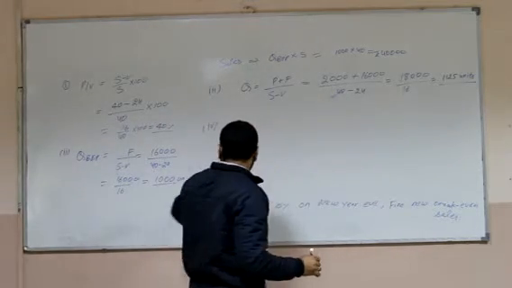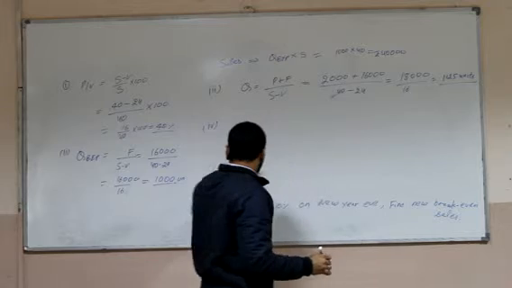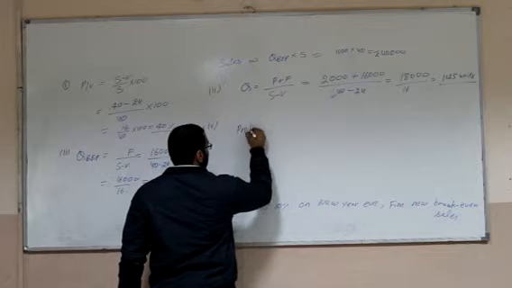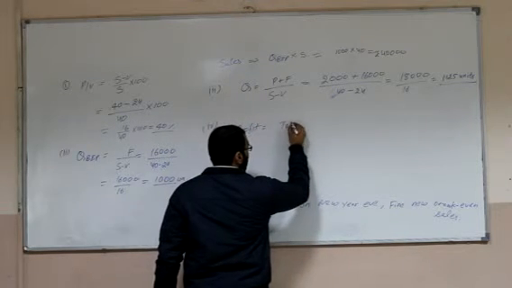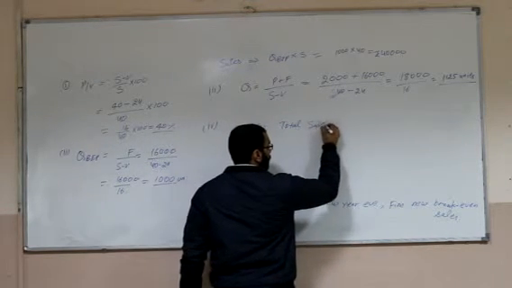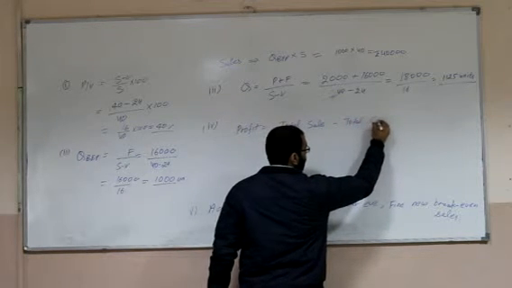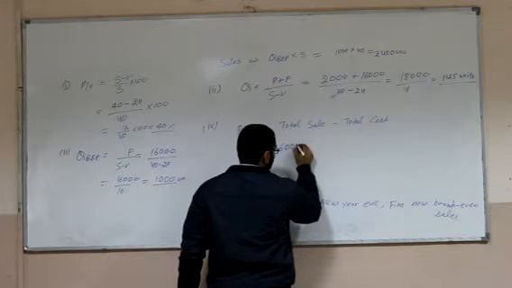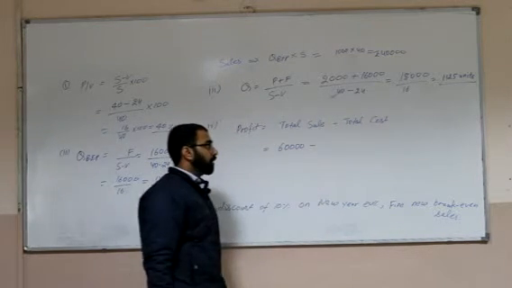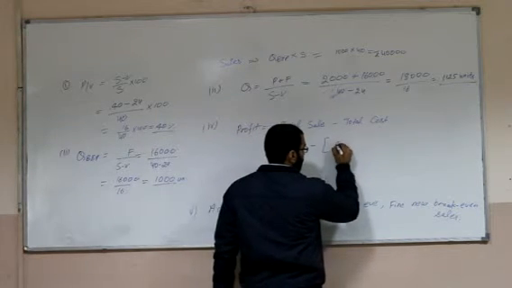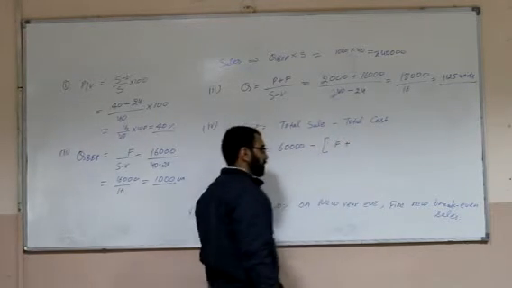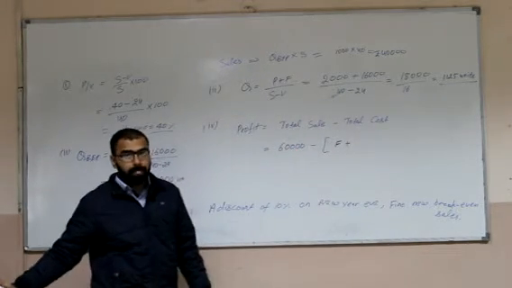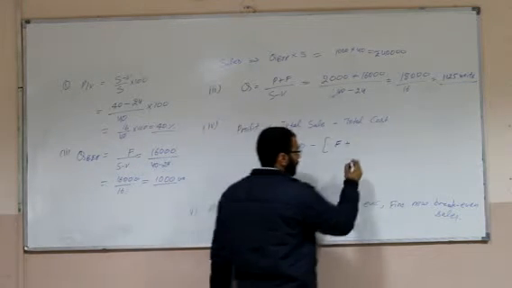Now sales is 60,000. What is the profit? We already know profit is total sales, total revenue, minus total cost. What is total sales? 60,000 minus total cost, which is fixed cost plus variable cost. What will be the variable cost?